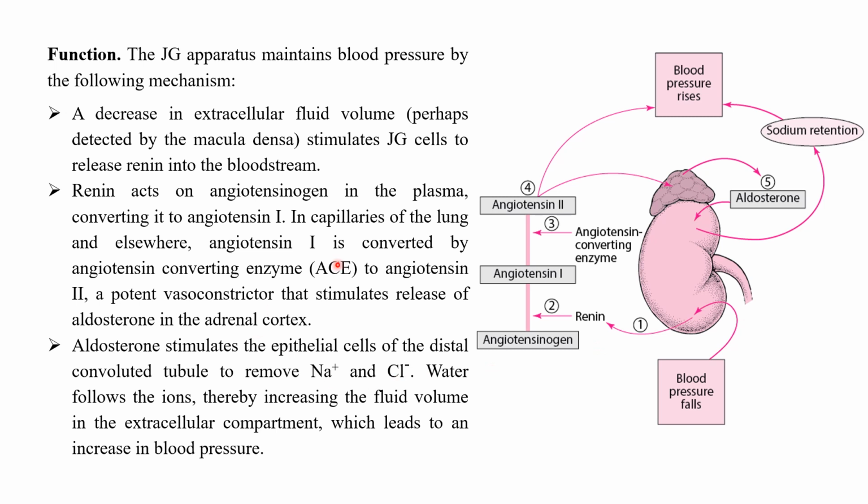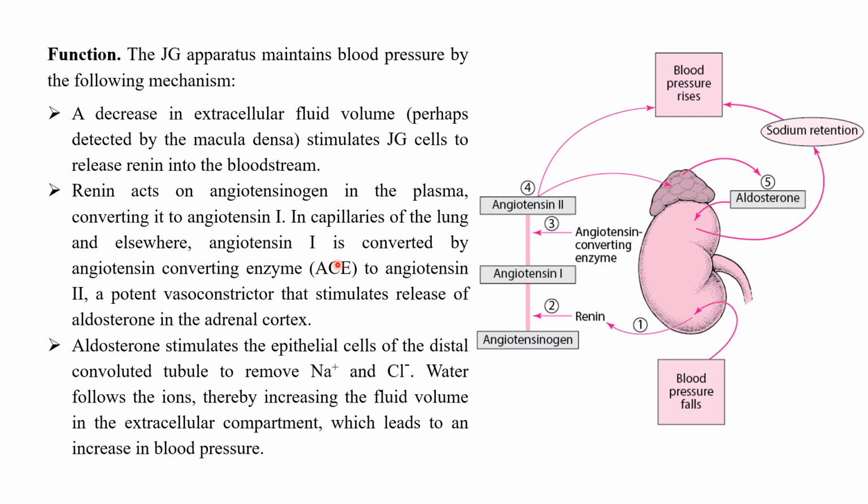What is the function of the JG apparatus, or juxtaglomerular apparatus? The function of the JG apparatus is to maintain blood pressure by the following mechanism. A decrease in the extracellular fluid volume is perhaps detected by the macula densa cells.